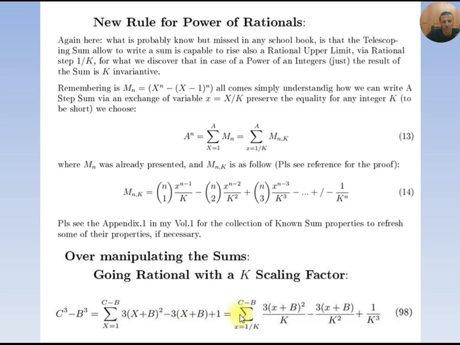It is equal to the sum from 1 over k to a of 3x squared over k minus 3x over k squared plus 1 over k cubed.